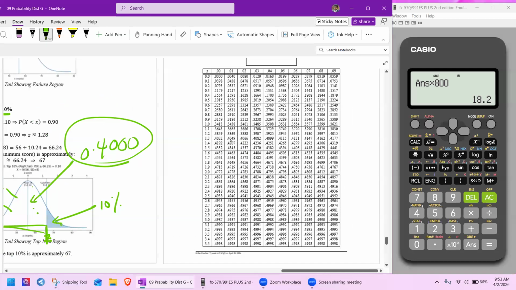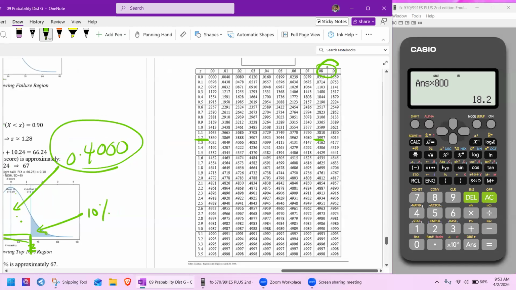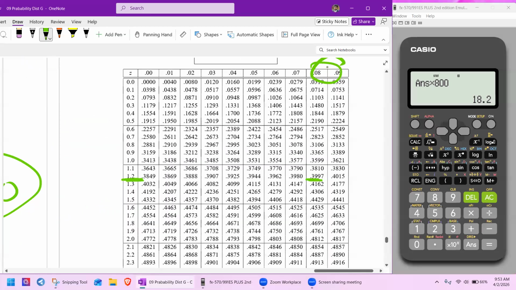0.4. Where is it? Right, it's somewhere here. 1.238. You can see, 1.2, sorry, 1.28.